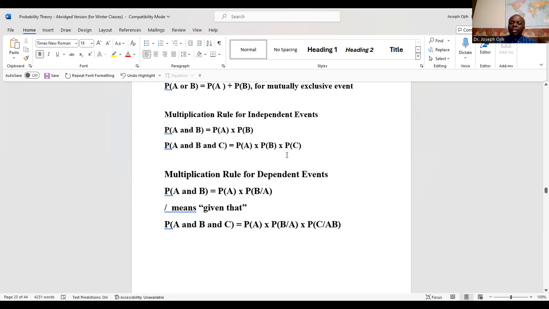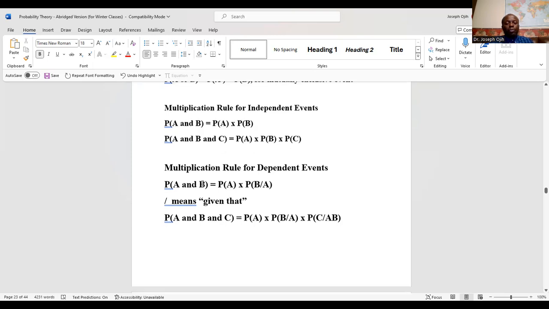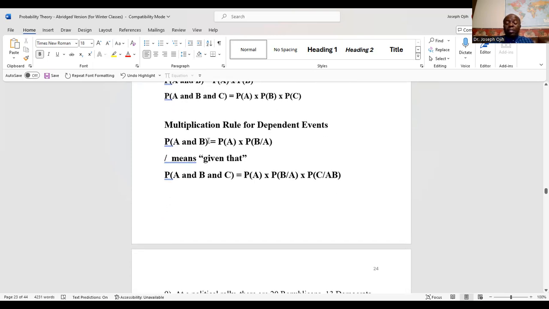Now, if they are dependent, it changes. It's the same multiplication, but it changes the letter. For example, the probability of event A and B, if they are dependent, will be the probability of event A, that's the probability that it will occur, times the probability that B will occur, given that A has already occurred.